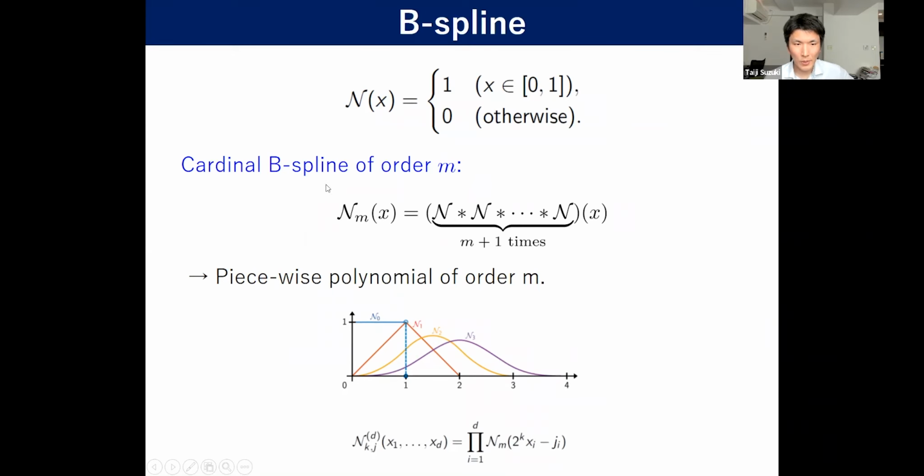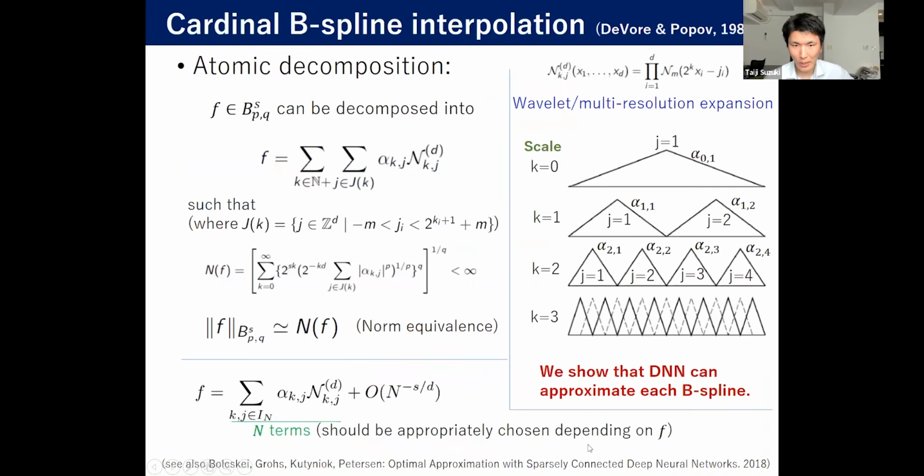Okay, by using this B-spline, we can define a so-called wavelet basis function. By using such wavelet basis functions, we can expand the function f in a Besov space like this. Here N_kj is basically the cardinal B-spline function, more precisely a tensor product of cardinal B-splines. For each input x, which is d-dimensional, for each coordinate x_i we calculate a cardinal B-spline, and we take its product from i equals 1 to d.